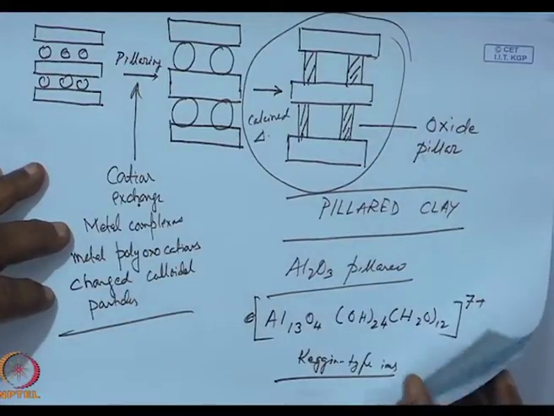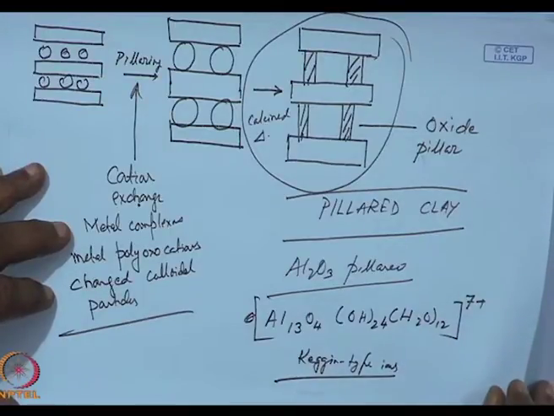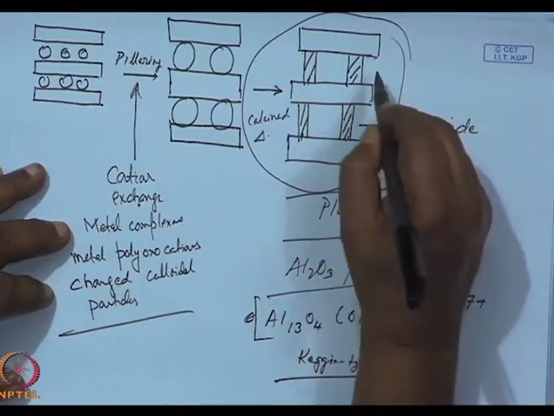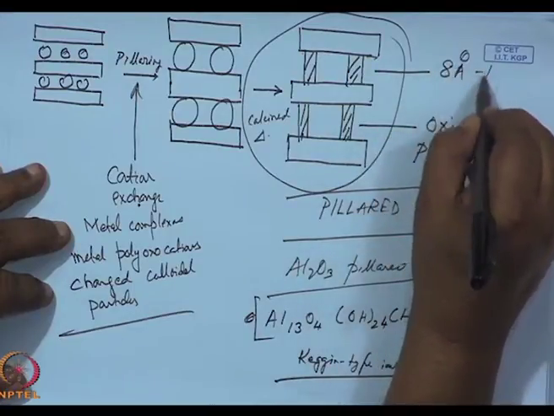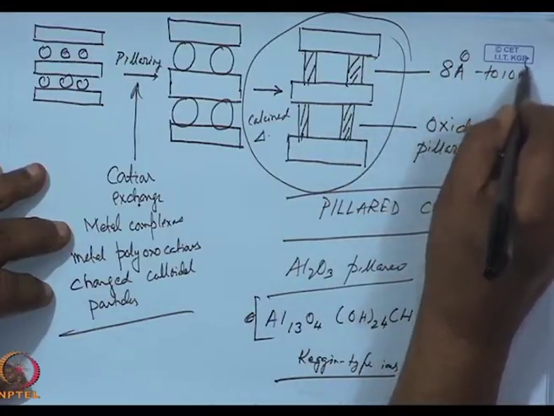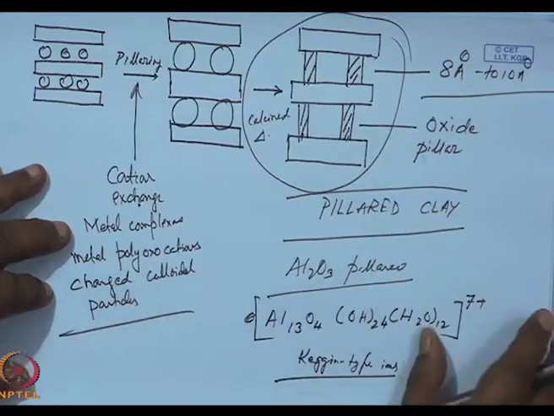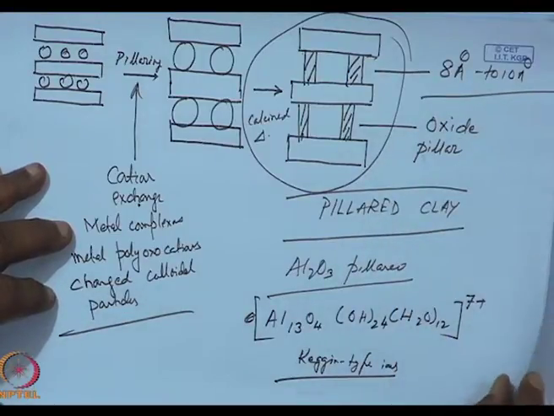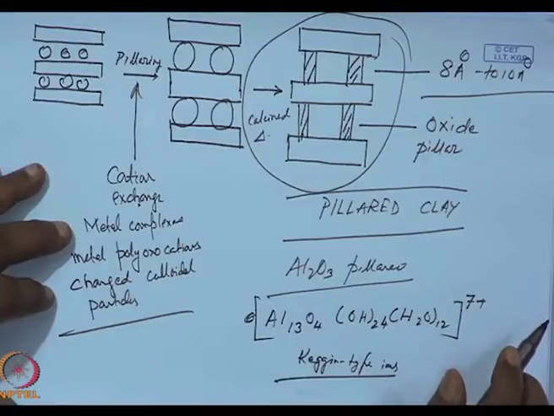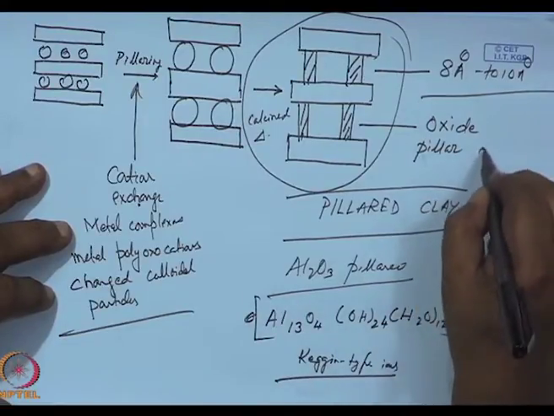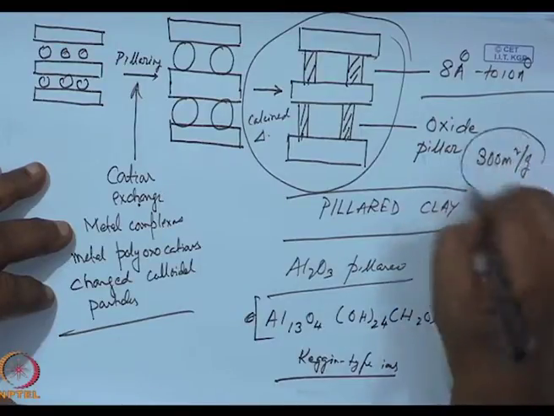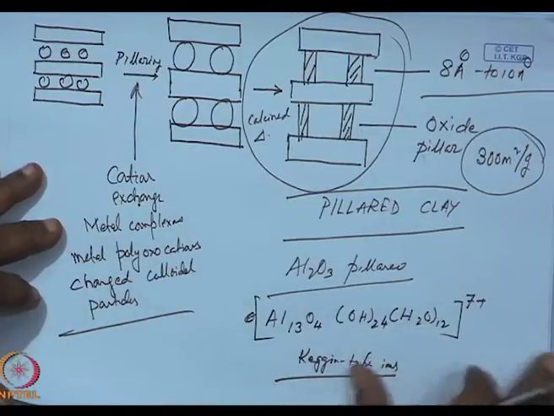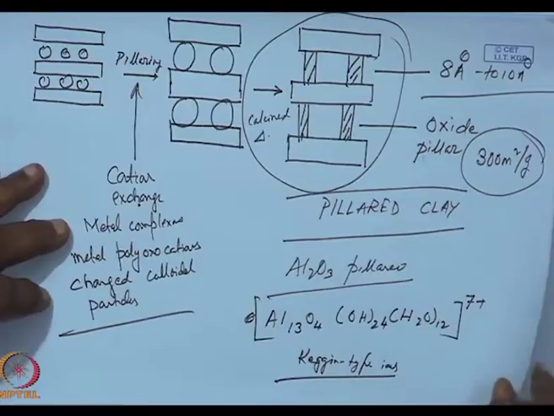The interlayer spacing over here is about 8 angstrom to 10 angstrom, and the specific surface area can be as high as 300 meter square per gram, which is a very, very high surface area.